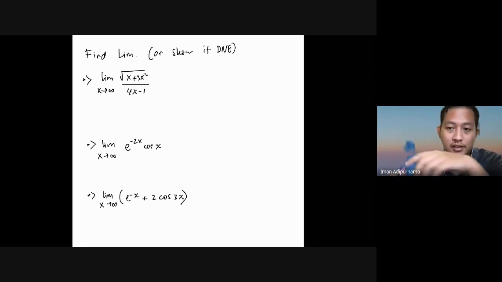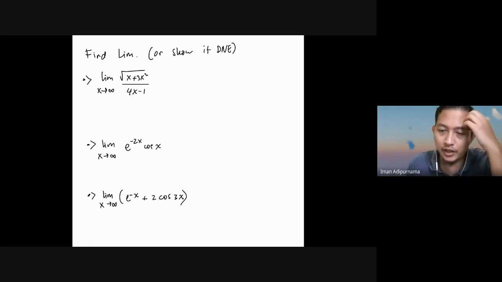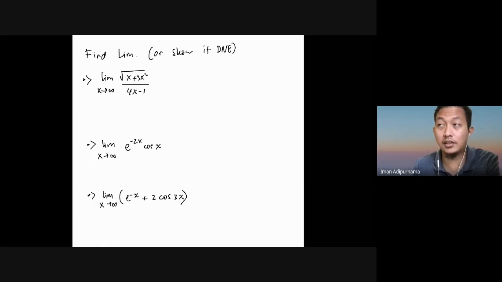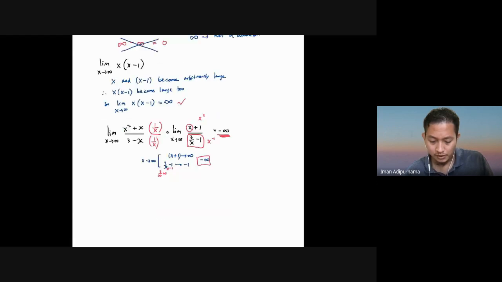It's more logical than saying x squared plus x approaches infinity and 3 minus x approaches infinity. Let me explain.